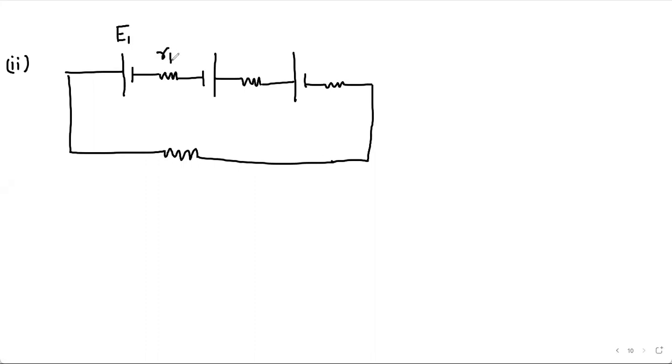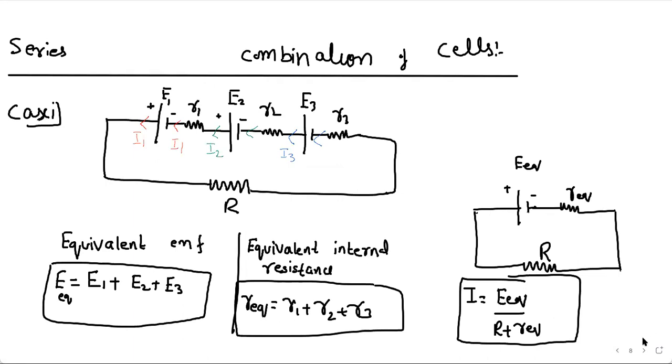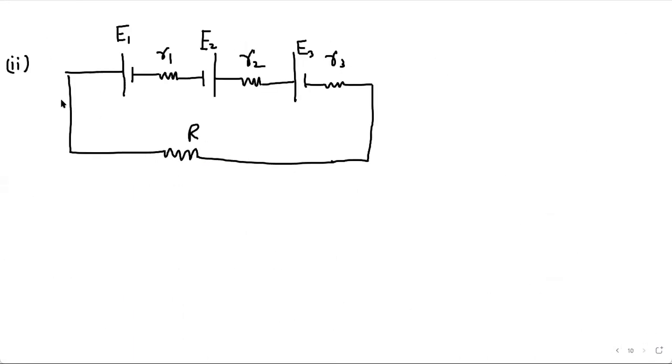E1, R1, E2, R2, E3, R3. External resistance is capital R. Do you find any difference between this circuit and the second circuit, case 2? Is there any difference between the two circuits?